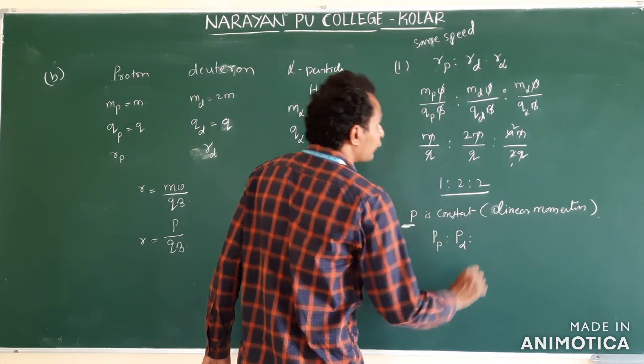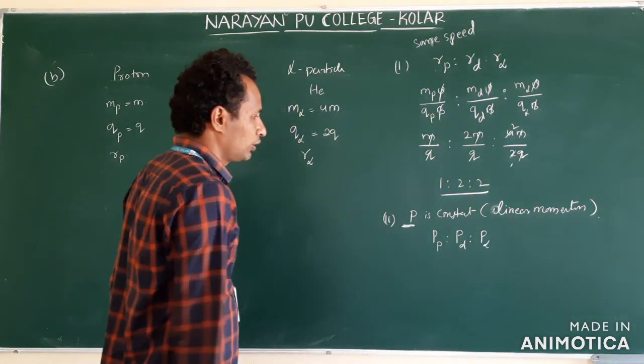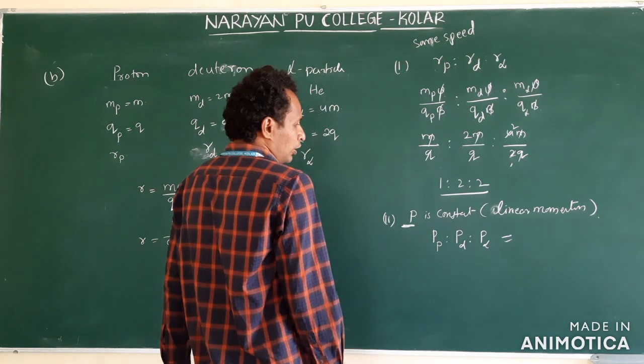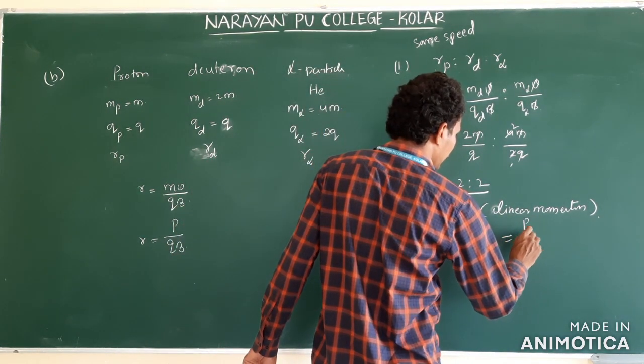P_D is the momentum of the deuteron, P_alpha the momentum of the alpha particle. This I am writing directly. For the radius, what is the formula? R is P by QB. P remains same for all, B remains same.